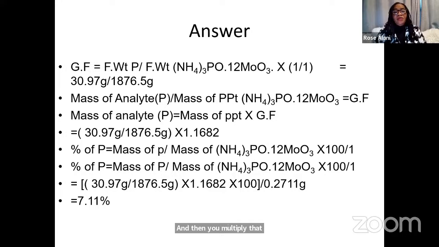And then you get it in percentage by multiplying it by 100. So that is how you do this calculation, and then you will get the percentage of the analyte in your sample from that question.